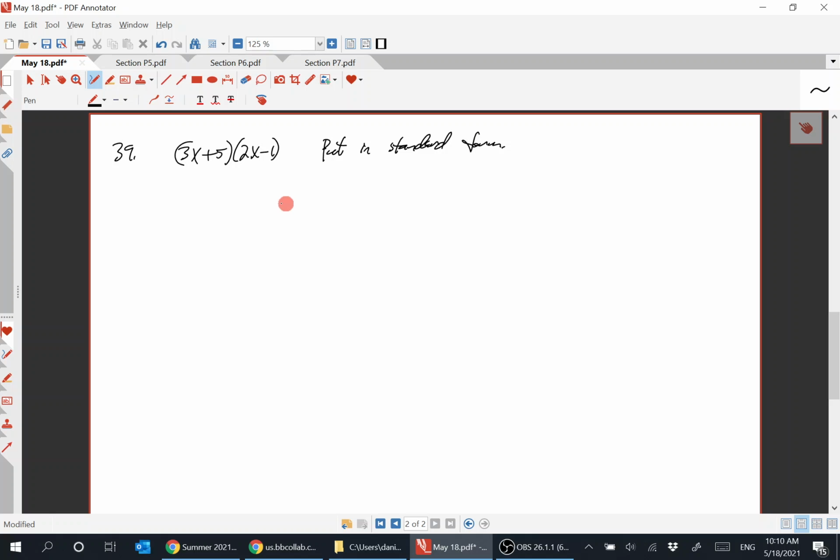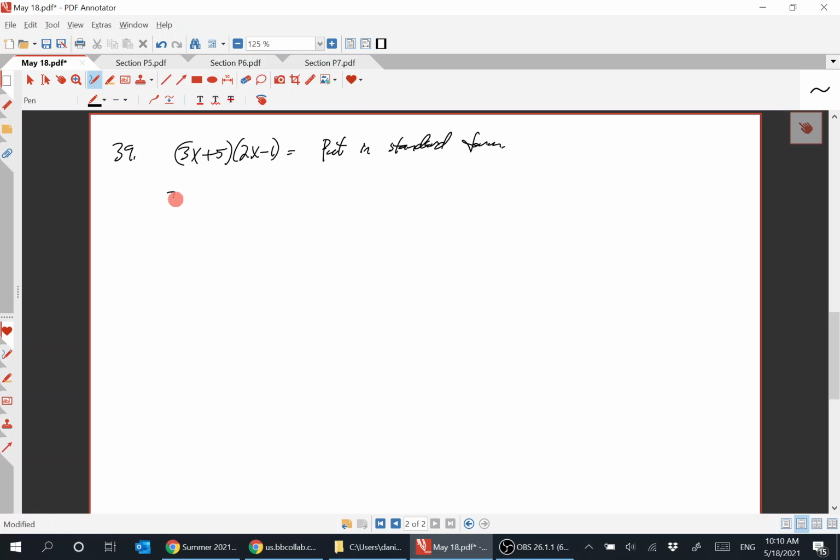Alright, so we have a polynomial times a polynomial. Two terms times two terms. So we use that FOIL idea, or just multiply every term in the first by every term in the second.